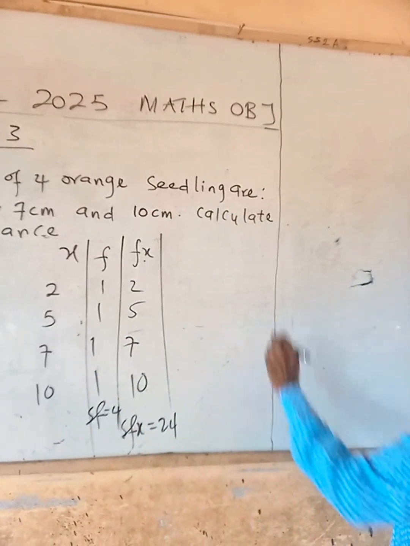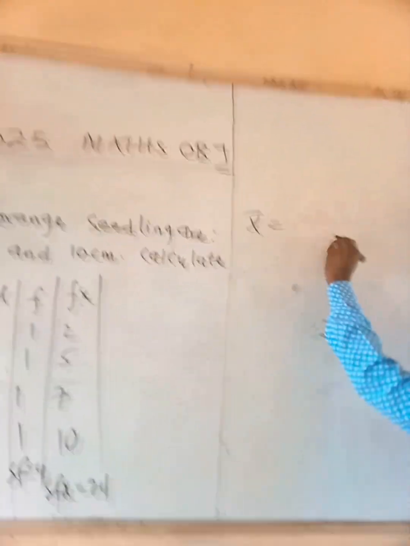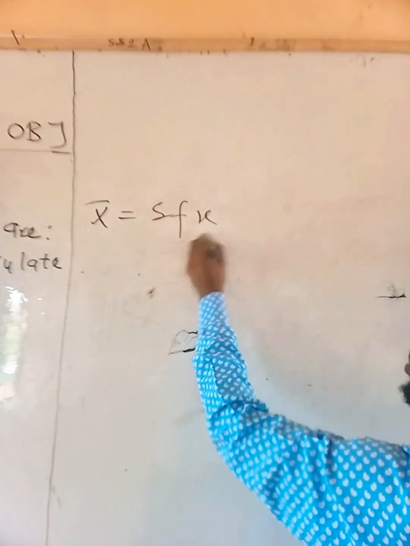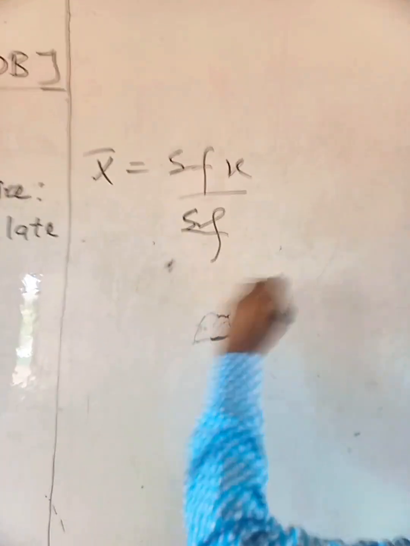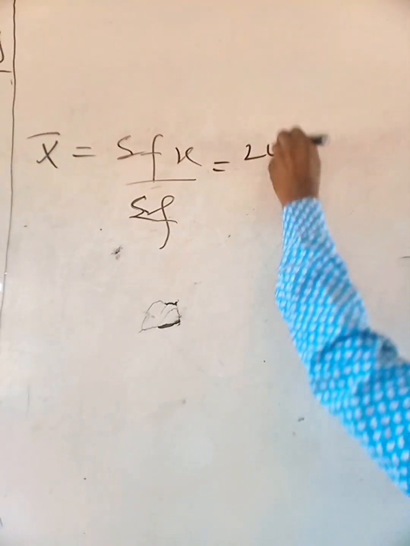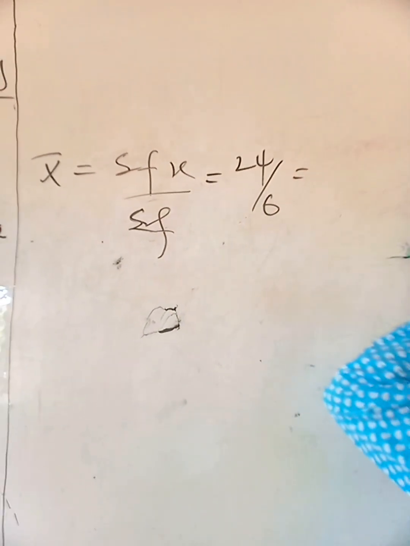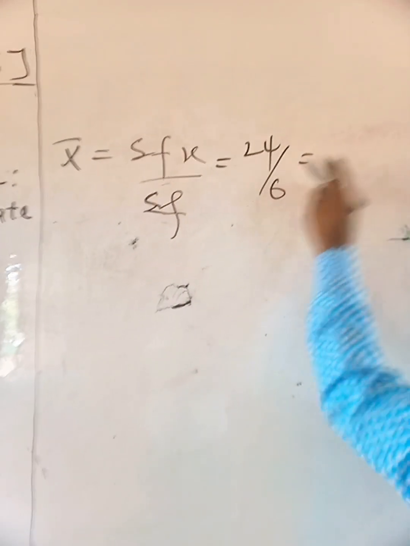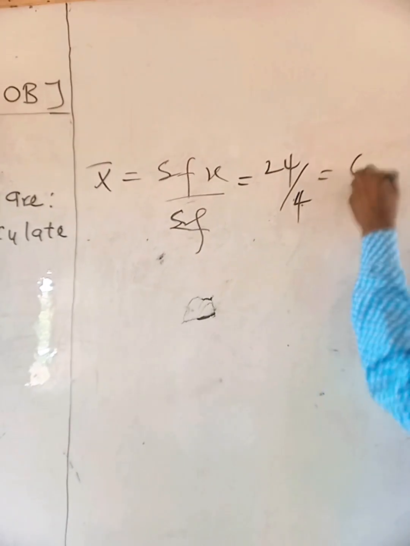So to get our mean, the mean will be summation fx over summation f, which is 24 over 4. The mean is 6.